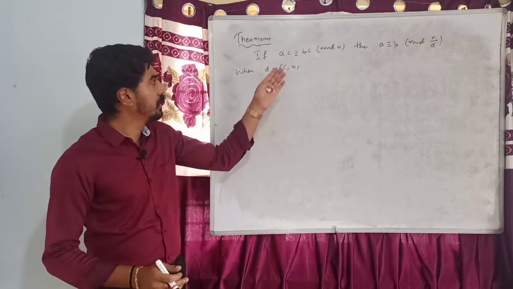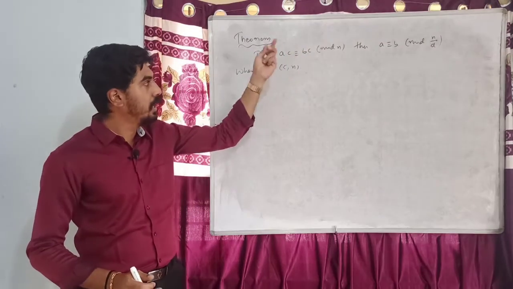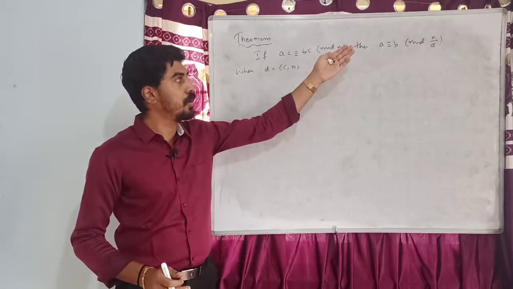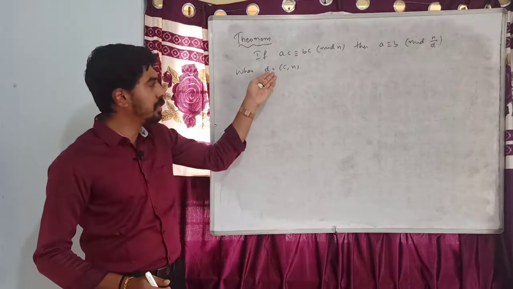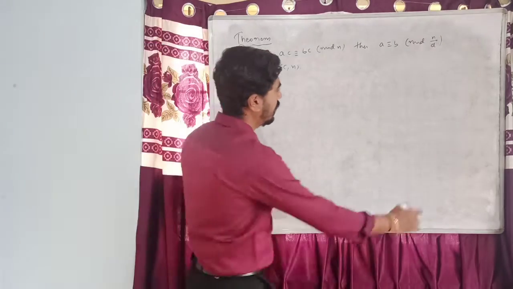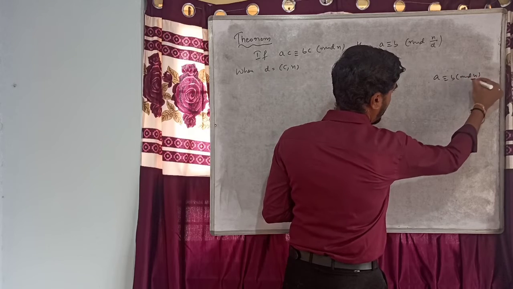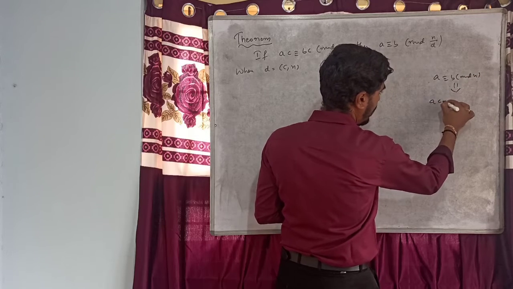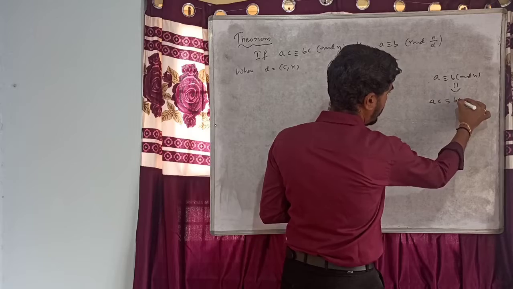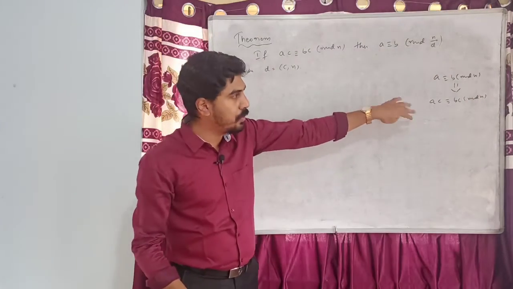Now let us consider this theorem. If AC is congruent to BC modulo n, then A is congruent to B modulo n by d, where d is the GCD of C and n. We have already shown that A congruent to B modulo n implies that AC congruent to BC modulo n. But here the converse need not be true.